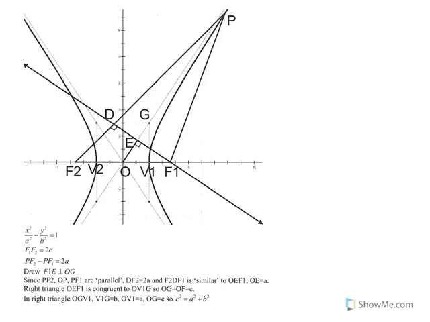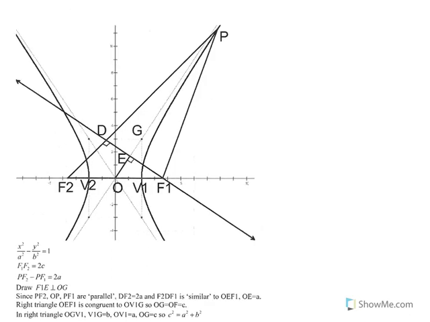Okay, now here's the diagram. It's definitely an intimidating looking diagram, but let's just see some of the pieces here. For one thing, from here to here, OF1 is going to be c because it's from the center to the focus. Some more things I could identify.